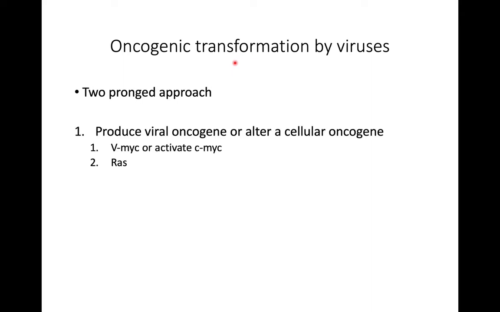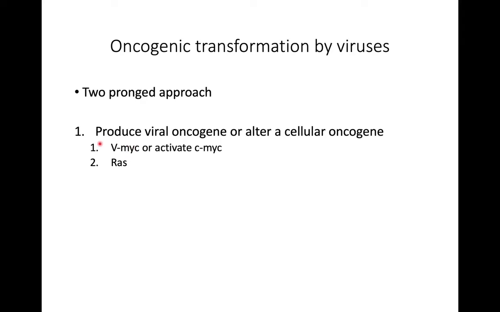And the first is that we need to do something with an oncogene. So our virus either needs to produce its own oncogene or alter a cellular oncogene. There are several viruses that produce MYC, which is an oncogene. If it comes from the virus, we call it vMYC, which stands for viral MYC, because virologists are not creative in naming things.